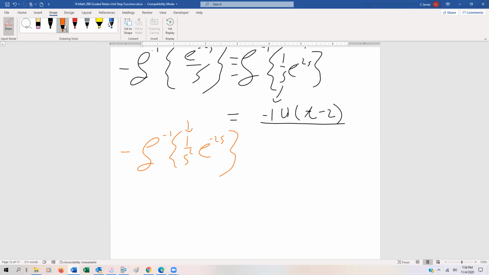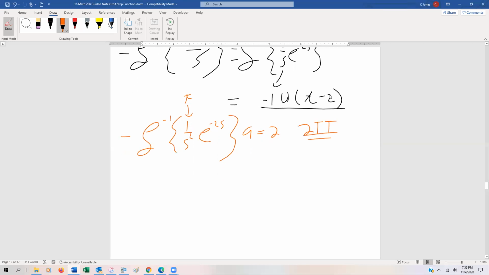So we know that the inverse Laplace of that is going to be t. But we know that a is going to be equal to 2 from our second translation theorem. Right? So remember, the second translation theorem says that, okay, well, now I have to replace t with t minus 2. So we're going to get the opposite of the quantity of t minus 2 times the unit step function of t minus 2.